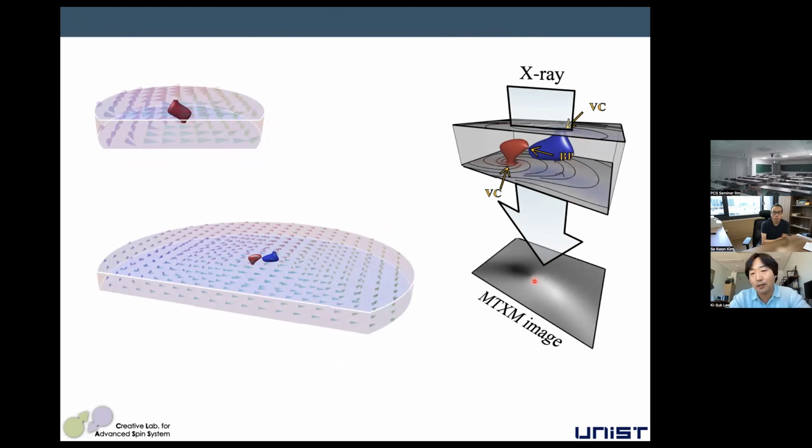You can measure the up and down core formations by using MCD, and then you can expect the formation of the Bloch point. This is our strategy to measure the Bloch point.